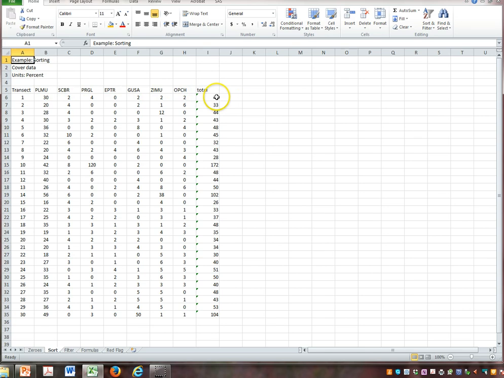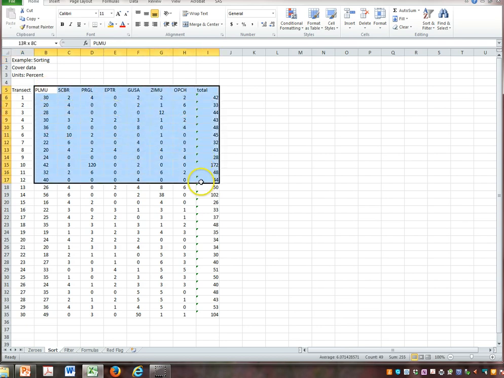The data have already been totaled, so we have the total amount of plant cover that was contributed to by these 7 species.